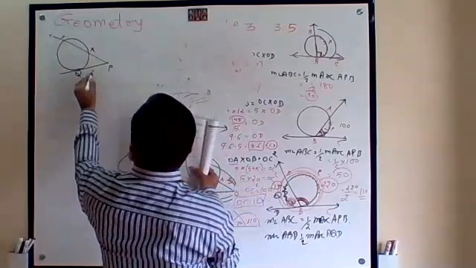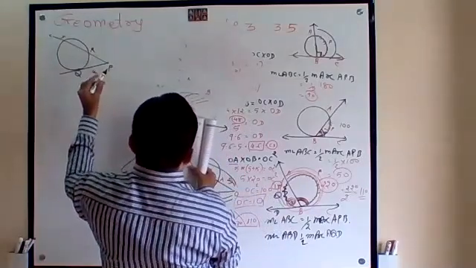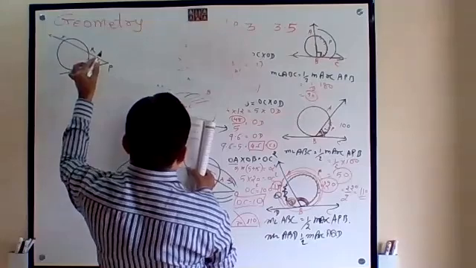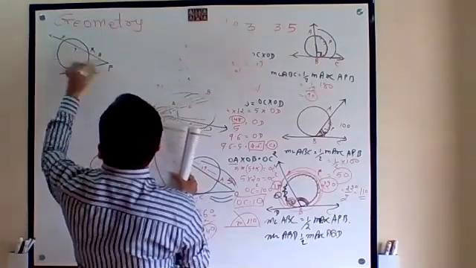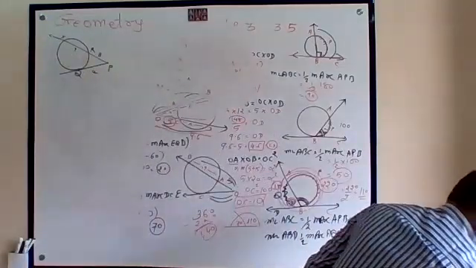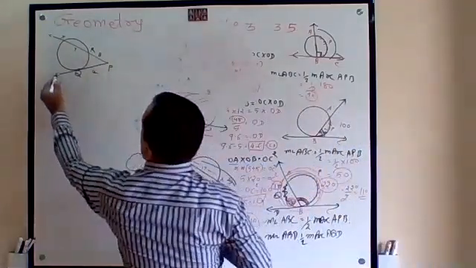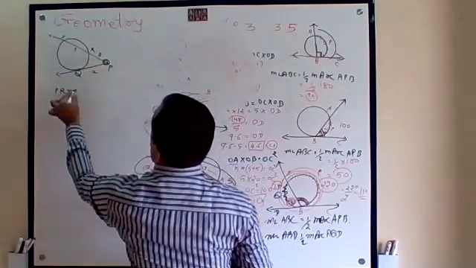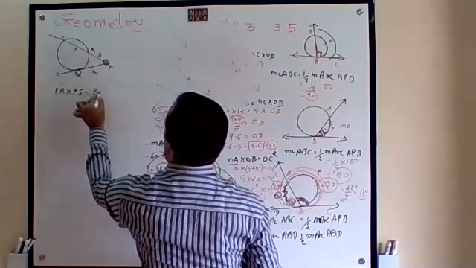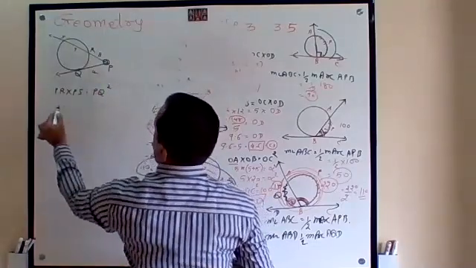PQ is given 12. PR is given 8. The question asks for RS and TS. So as per the formula, from the intersection, PR times PS is equal to PQ square.